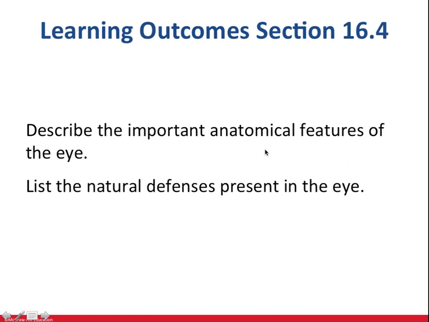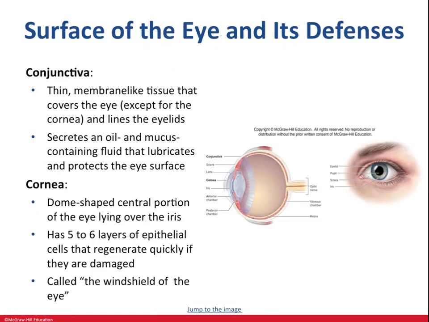Now let's work on section 4. Section 4 is about the eye. The eye has two major parts. One is the conjunctiva. Conjunctiva is this part.